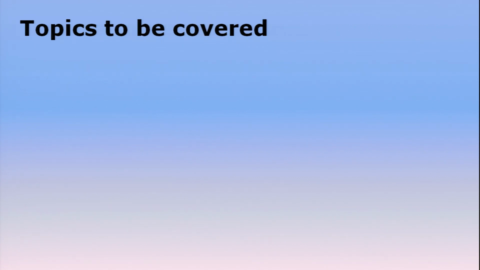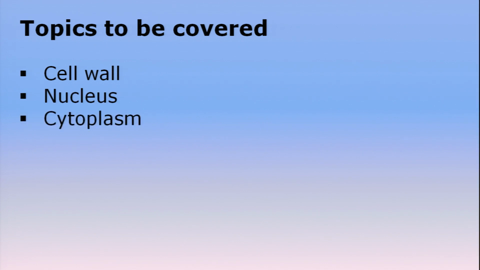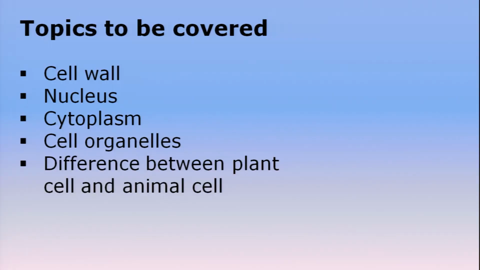And the topics that we are going to cover today are the structure and function of cell wall, nucleus, cytoplasm, all the important cell organelles like endoplasmic reticulum, Golgi apparatus, lysosomes, mitochondria, etc. And at the end, we will understand the difference between plant cell and animal cell.